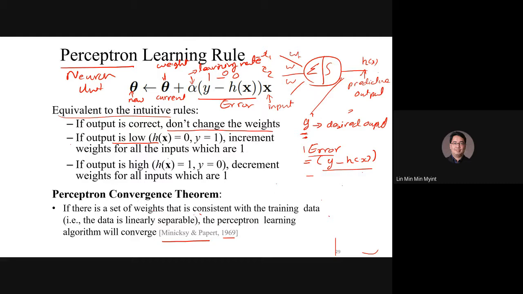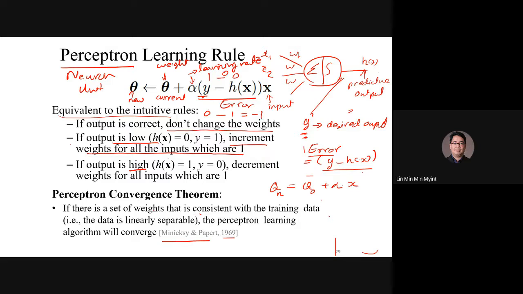The new weight will be equal to the old weight plus alpha x, so the weight increases for all inputs with value 1, because we just consider the binary case. If the output is high, for example desired 0 and model output 1, the error will be equal to minus 1.